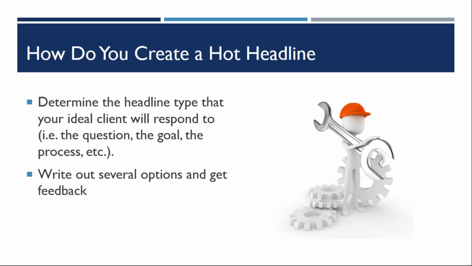And I don't always have this first part up here determined. I don't always know the type of headline that I'm going to be using. So sometimes I'll even just write out different options, different ways, just write out everything that I can think of.